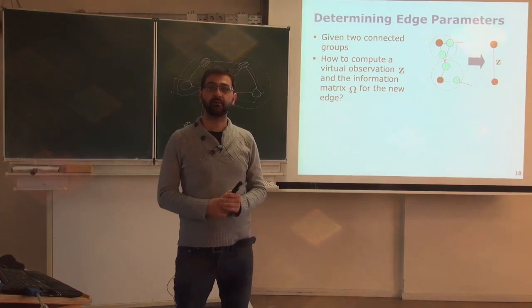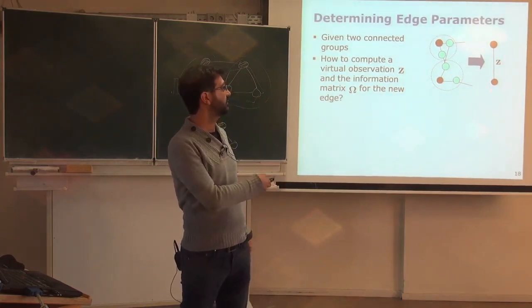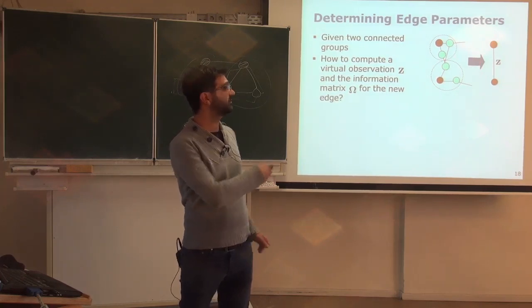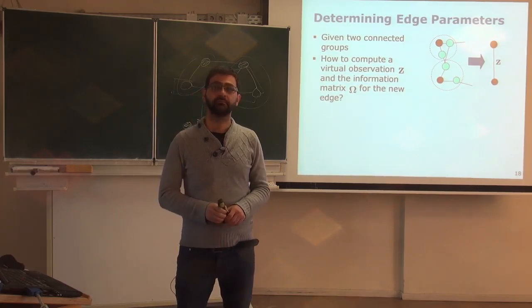Any of you has an idea how we can do it? We just need to have a Z, a measurement between these two nodes, that depends on all the others. Any idea? Anyone wants to try?